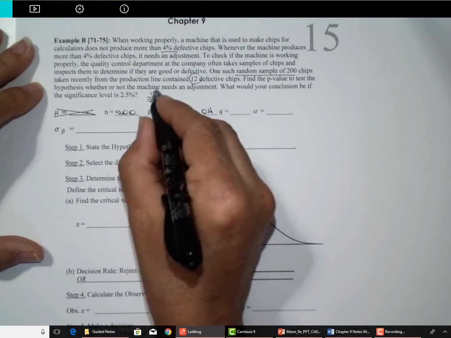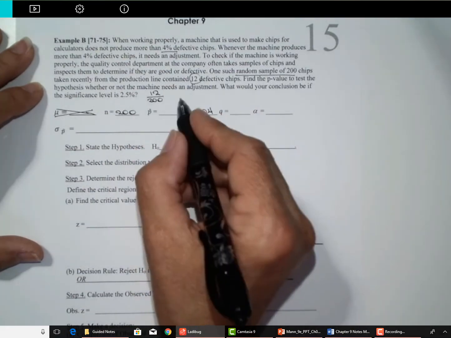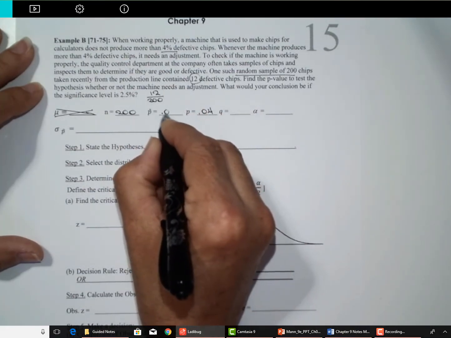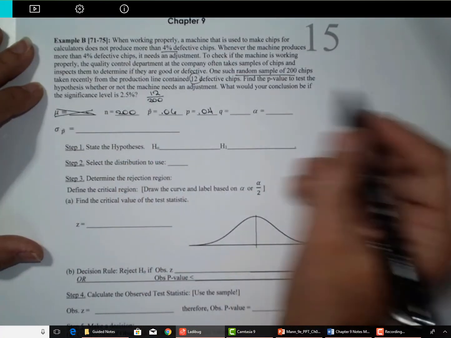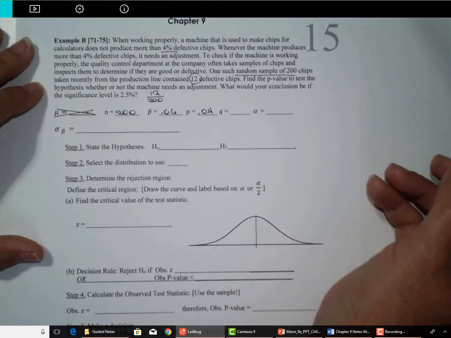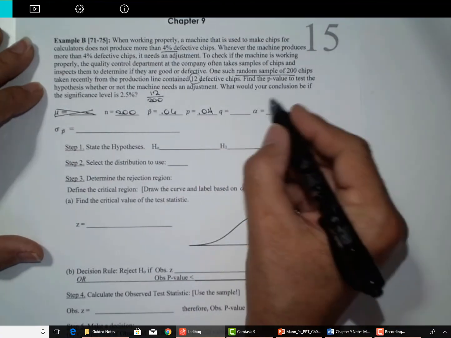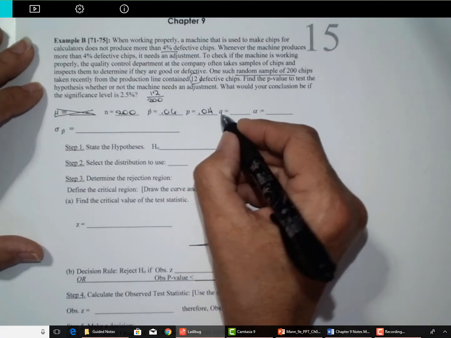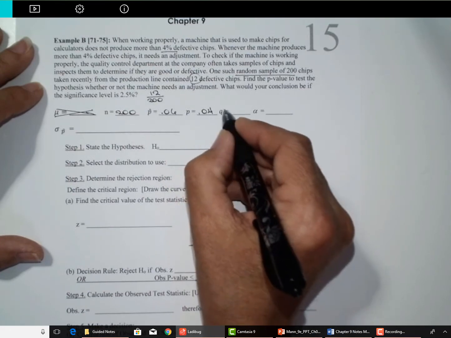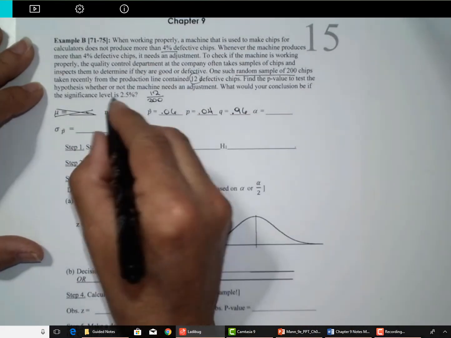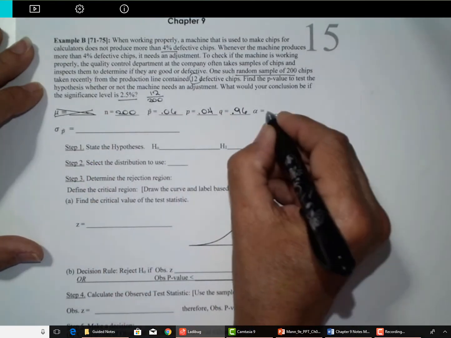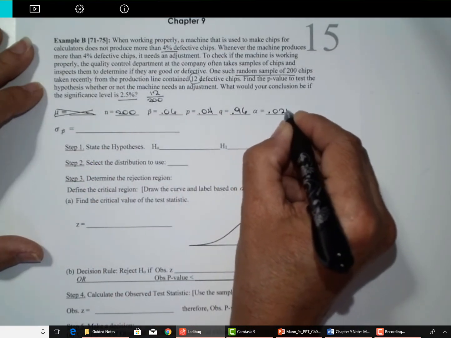If I divide 12 by 200, I'm going to get a p-hat, or a sample proportion, of 0.06. So now I've got my sample proportion, I've got my population proportion, and then I need q, which is going to be 1 minus p. So q in this case is going to be 0.96, and then the 2.5% significance level is going to give me 0.025.